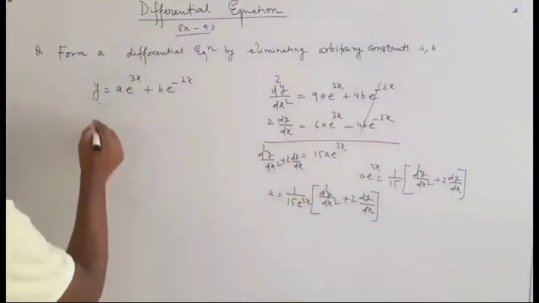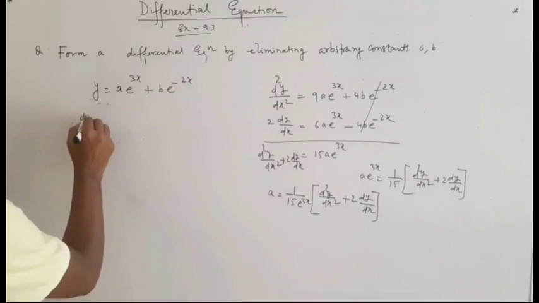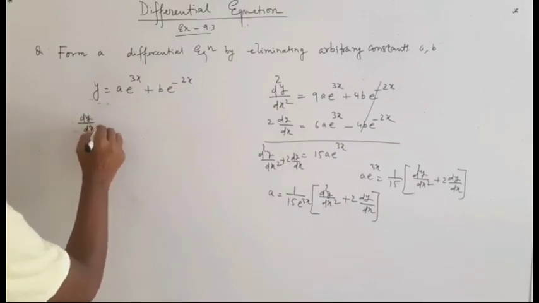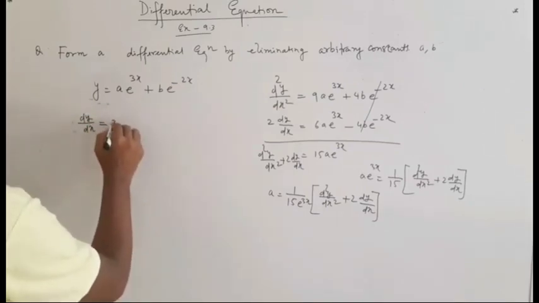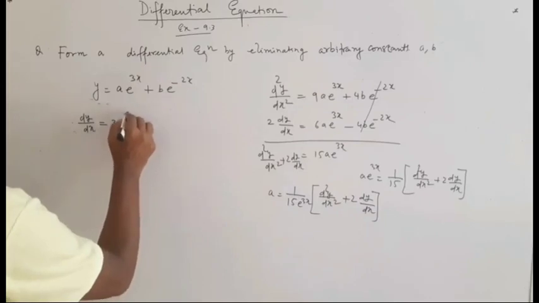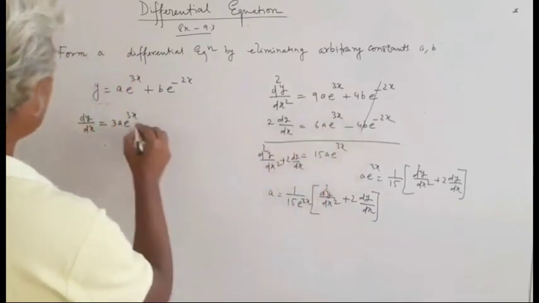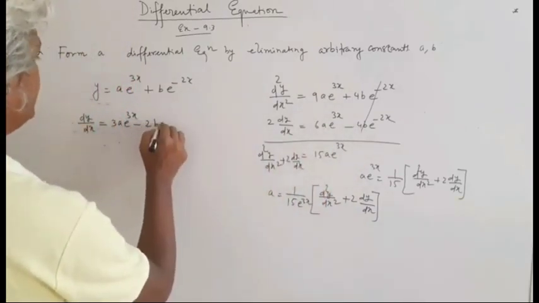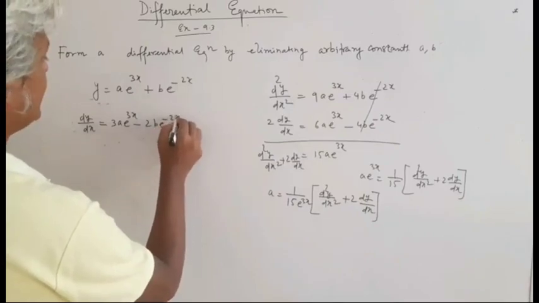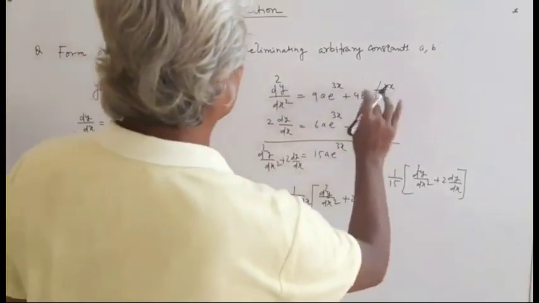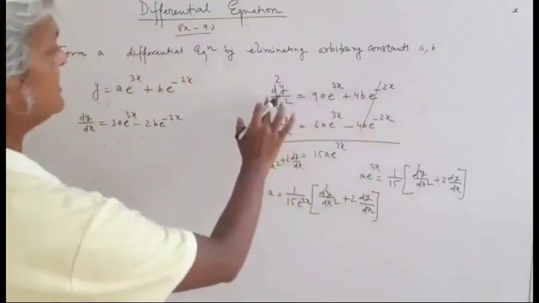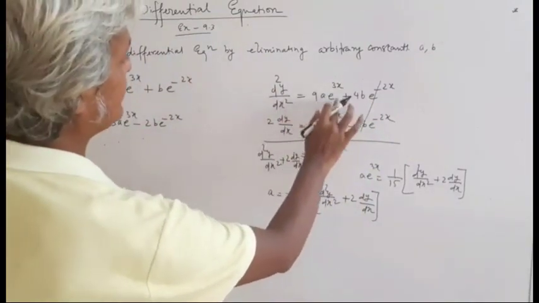Now we have to find the term 4b e to the power minus 2x. Our normal dy over dx was 3a e to the power 3x minus 2b e to the power minus 2x, and this is fine. This is our second equation, d square y by dx square is 9a e to the power 3x plus 4b e to the power minus 2x.